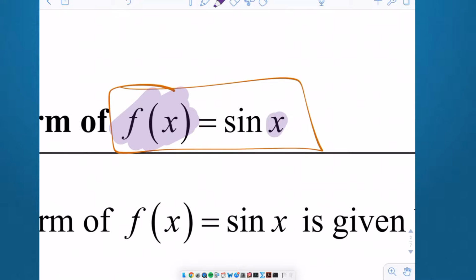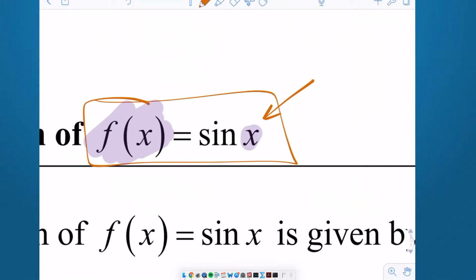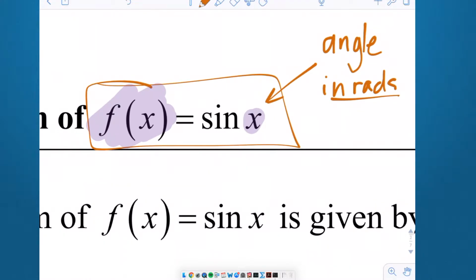But in this case, x, the independent variable, represents an angle. Good. In radians, it's a unitless measure of rotation. So we're going to get away from theta now, and we're going to start using x. But because it's sine of x, x still represents an angle in radians. And the f of x represents the sine values, the heights of these reference triangles.